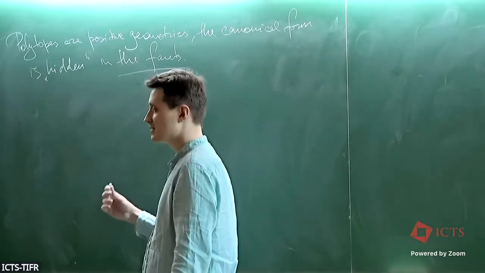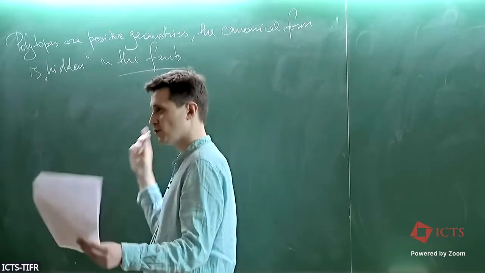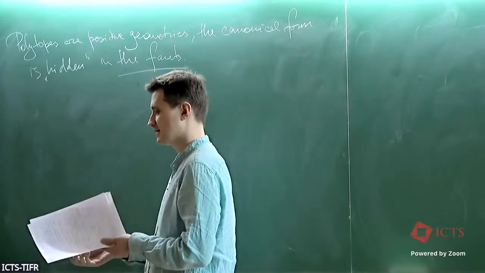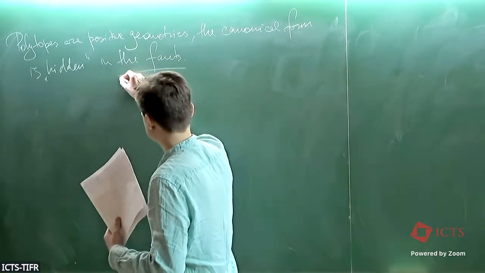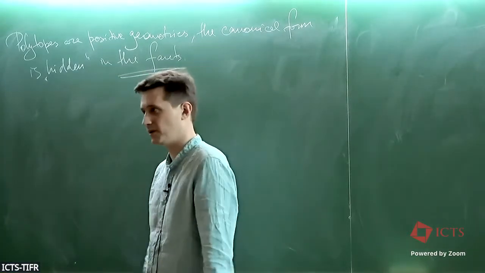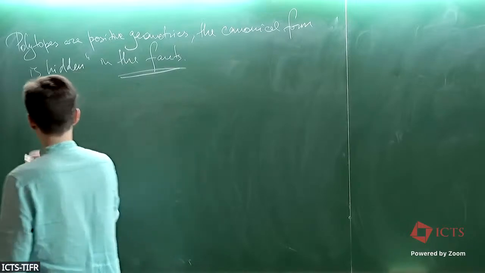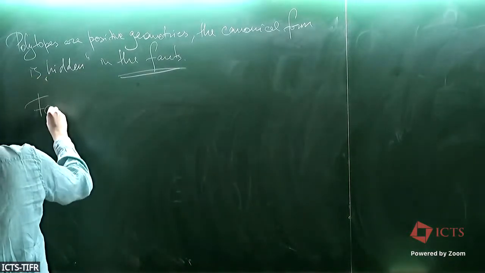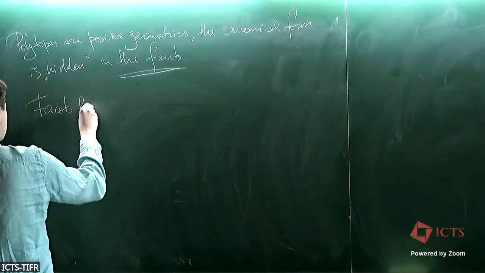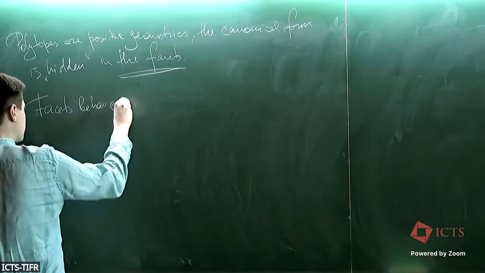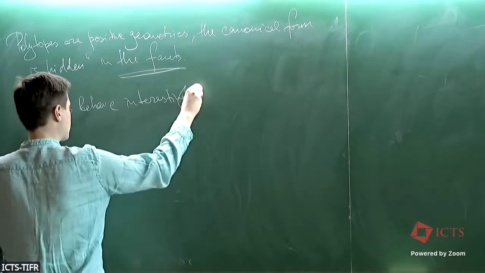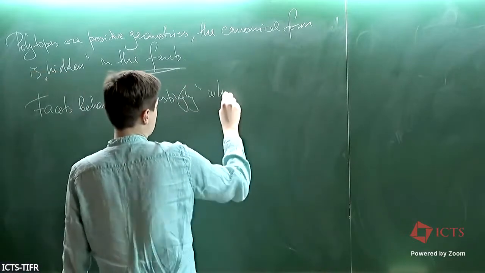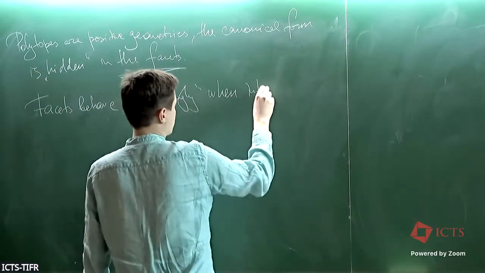But the problem is that the canonical form of this polytope is not necessarily connected to the canonical form of the Amplituhedron, because the facet structure can be messed up by intersecting with the Grassmannian. So facets behave interestingly when intersected with the Grassmannian.